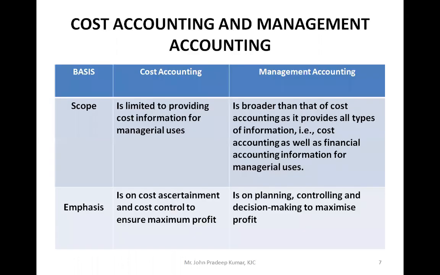Okay. So the difference between cost accounting and management accounting. So you can see the scope. Cost accounting is limited only to providing cost information for managerial use, whereas management accounting is broader than that of cost accounting, as it provides all types of information, like cost accounting as well as financial accounting information, for managerial use. Emphasis: cost accounting emphasizes ascertainment of cost and control of cost to ensure maximum profit, whereas management accounting emphasizes planning, controlling, and decision making to maximize the profit.